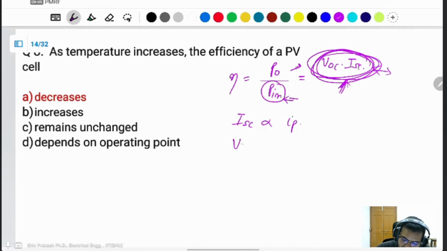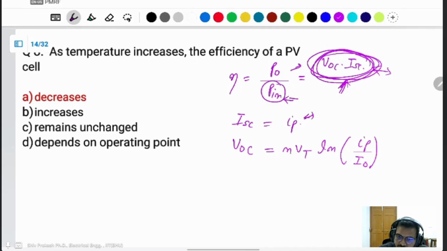And VOC is equal to nVT ln of IP divided by I naught. IP depends on insolation; if you increase the temperature, it will increase, but by a very small amount.